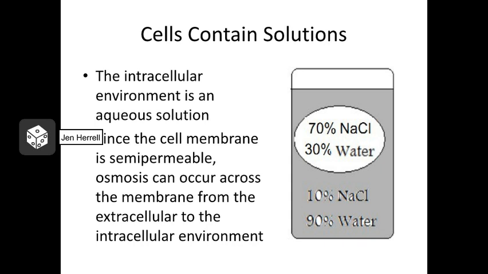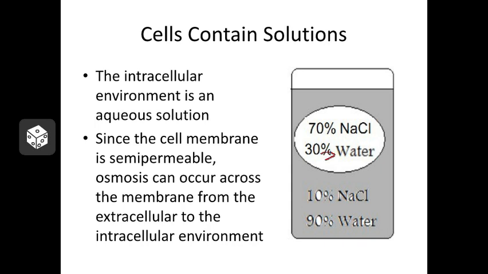Now you might be asked to identify which way solutes and water will want to move when cells are placed in certain situations. How do you go about doing that? Well, first of all, you need to identify whether the intracellular solution is hypertonic or hypotonic, and the same with the extracellular environment. In this case, we have more water outside than inside.